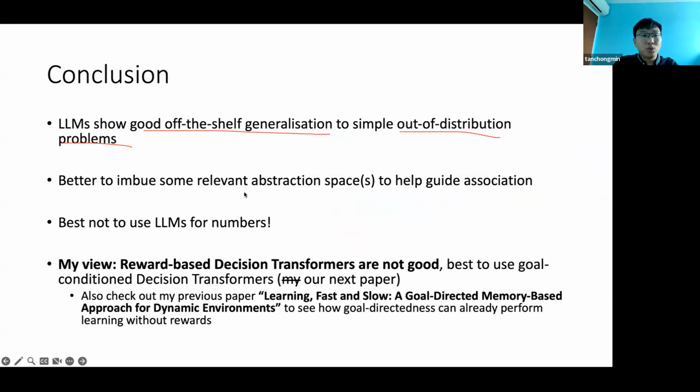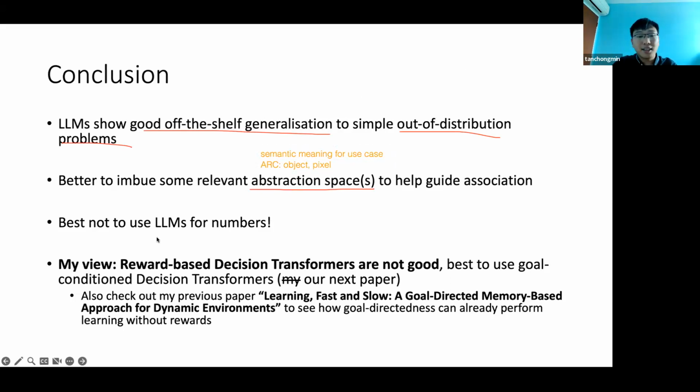But if you want better association, like inductive steps in math, it's best to use it in some abstraction space. If you want to do math, you need some semantic meaning for the use case. In the ARC challenge, you can use object view or pixel view. You can have various useful abstraction spaces for that problem. It can help the association from input to output.